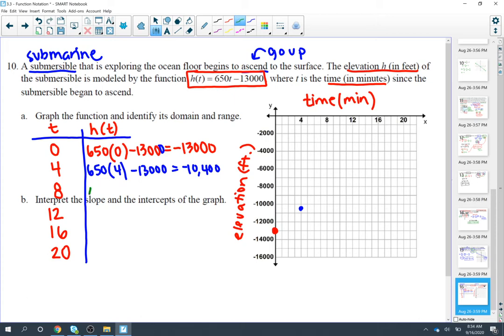Next one, 650 times 8 minus 13,000 is negative 7,800.